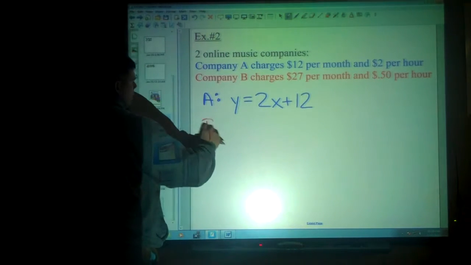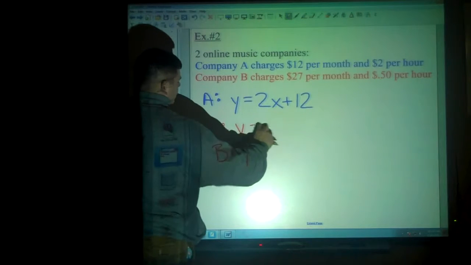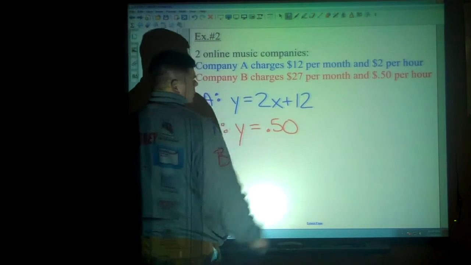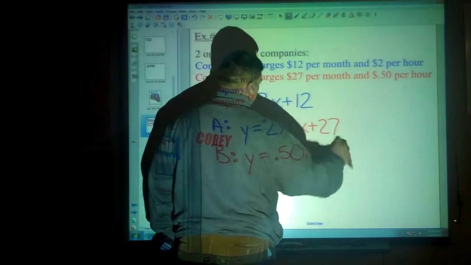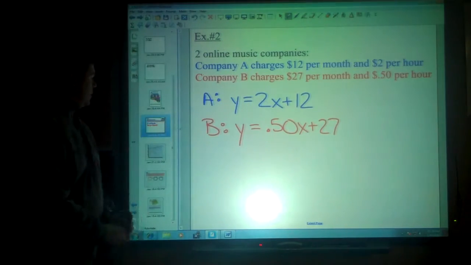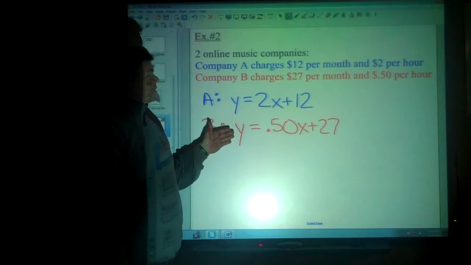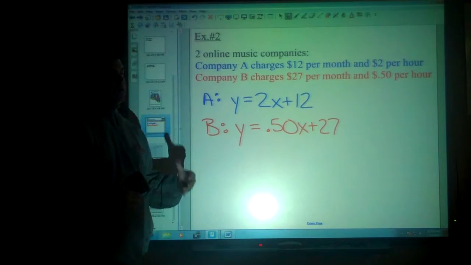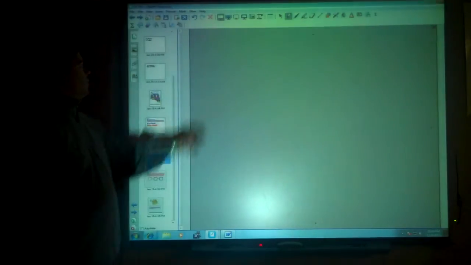Company B, somewhat similar, except this has a much cheaper rate per hour, but a lot higher starting amount. Since both of these are in the form y equals mx plus b, and we're using it to make a decision as to where a break-even point is, a graph could be helpful.